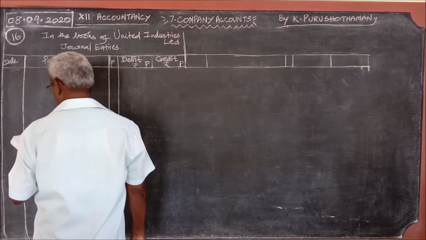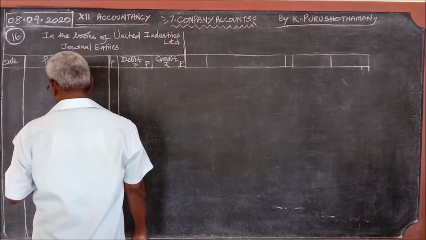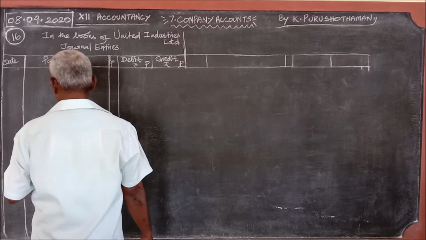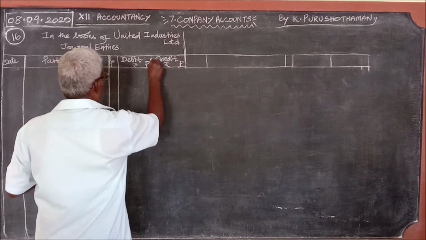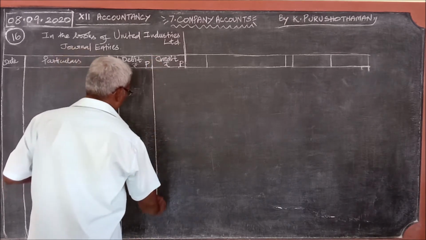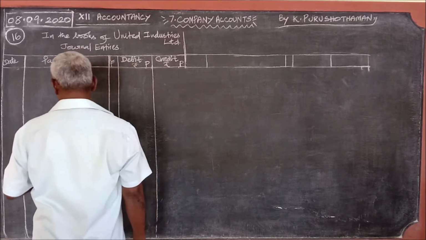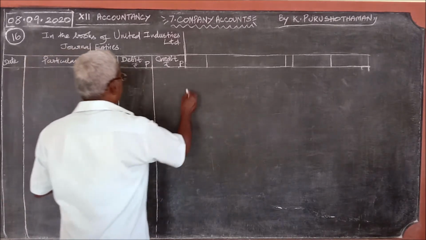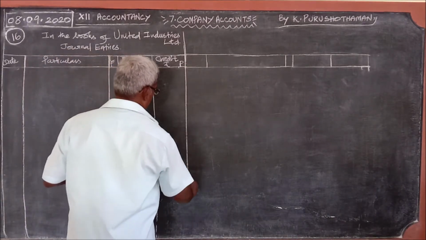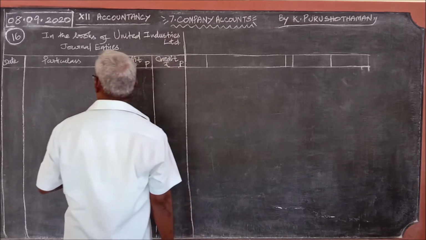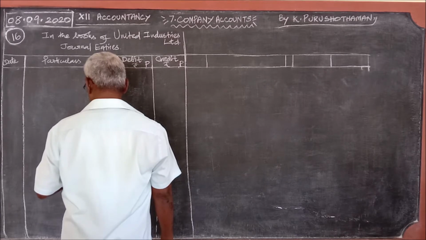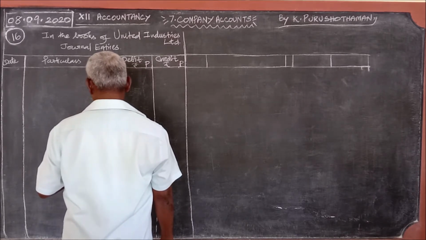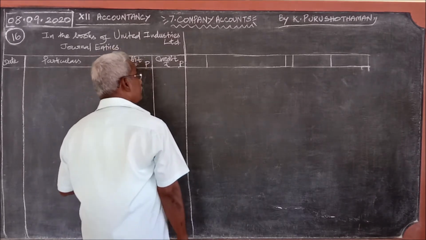United Industries Limited issued shares of rupees 10 each at a 10% premium, payable 3 on application and 4 on allotment, and 2 on first call and 2 on second and final call.